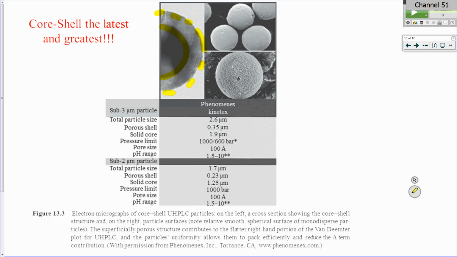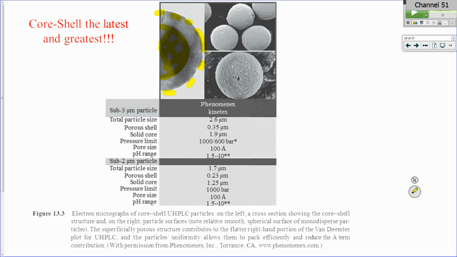If it's completely spongy, under pressures of 20, 30, 50, 60,000 psi, it collapses and shrinks down. But this gives some rigidity to the core of the particle that keeps the particle from collapsing on itself.